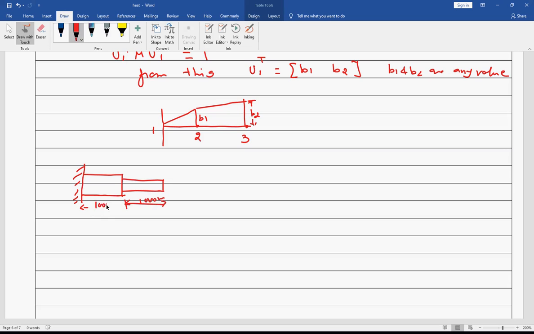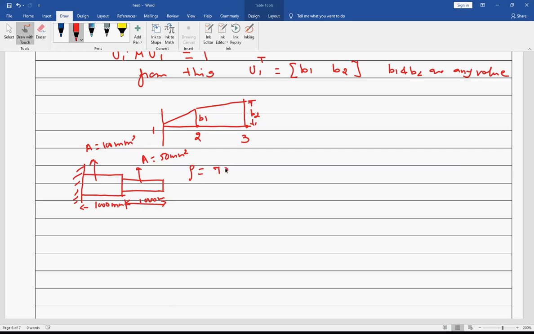Let's say the area of this is 100 mm square, and the area of this is 50 mm square. So both the areas I am aware of. If some complications are there, you should be able to find out the area.